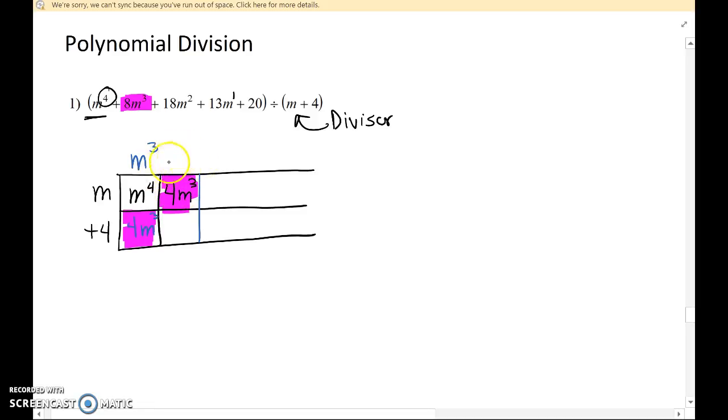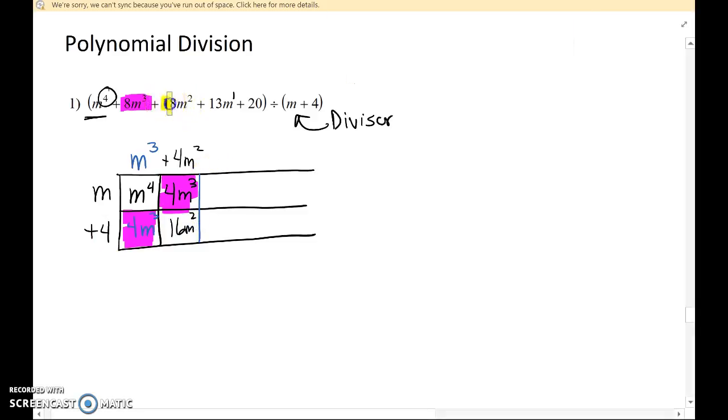And again, the top of the box is going to come from 4m cubed divided by m, or what times m is 4m cubed, and that would be a positive 4m squared. And since the top of this box is 4m squared, we can multiply it by the 4, and we get 16m squared.